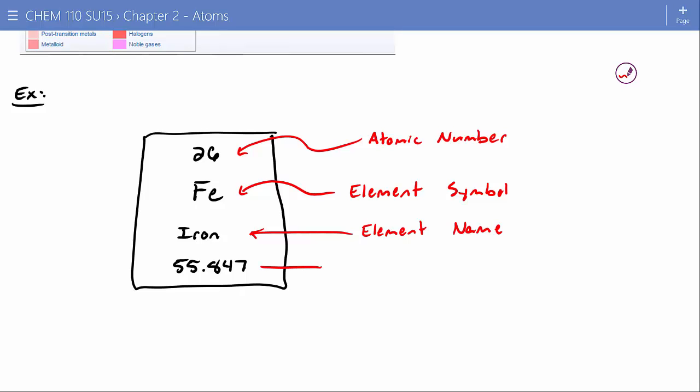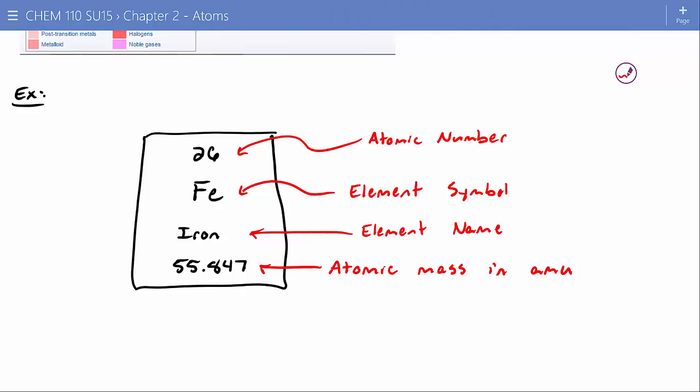And so what we call this is atomic mass. Specifically, we've referred to this in AMU. AMU stands for atomic mass unit. It's just how we weigh atoms or elements.